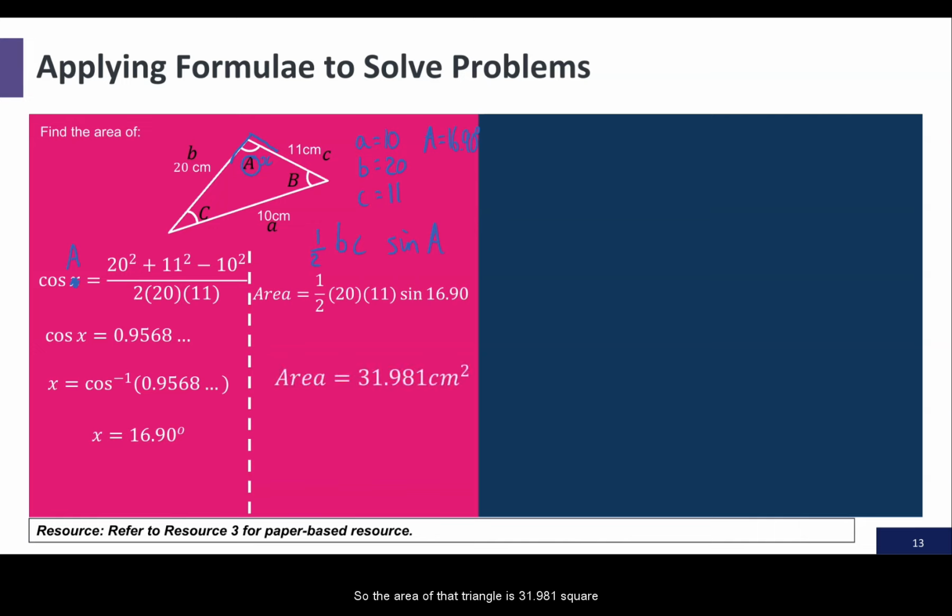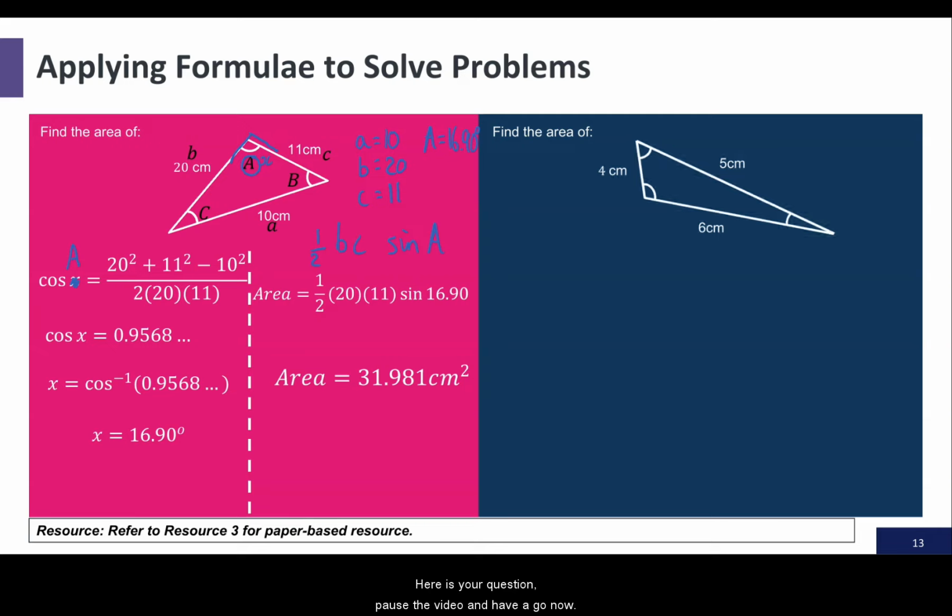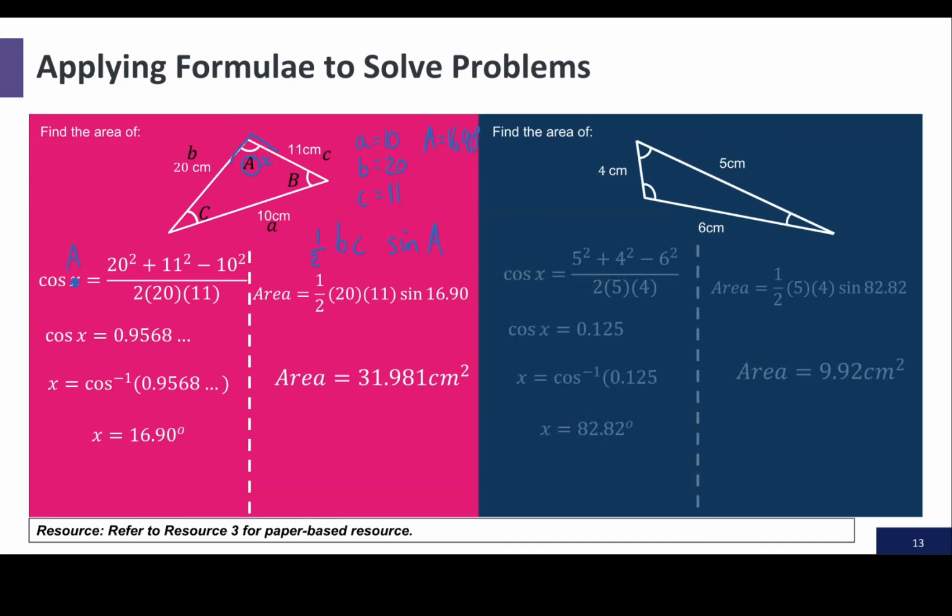So the area of that triangle is 31.981 square centimetres. Here's your question. Pause the video and have a go now. Here is the solution.